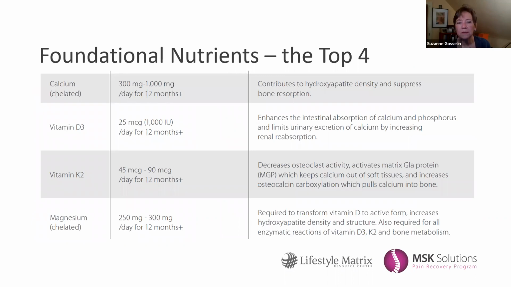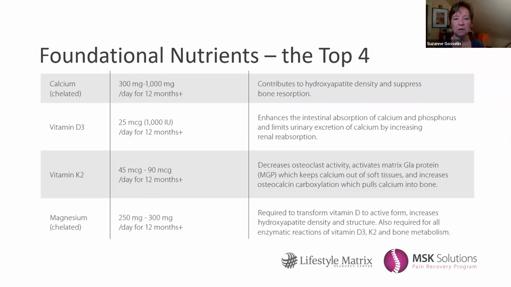But let's look at what these 4 nutrients do, because I think I referred to the calcium phosphorus mineral complex, which is oftentimes referred to as hydroxyapatite, and that gets embedded into that protein collagen matrix.